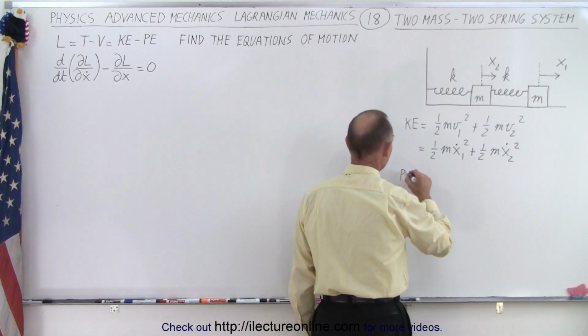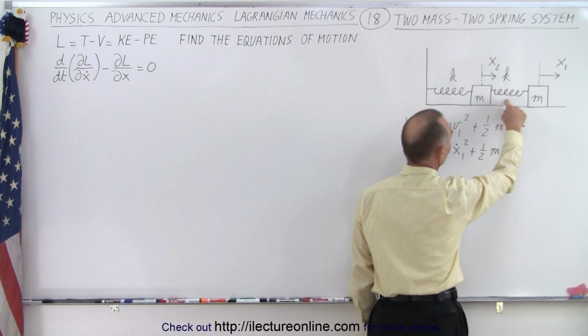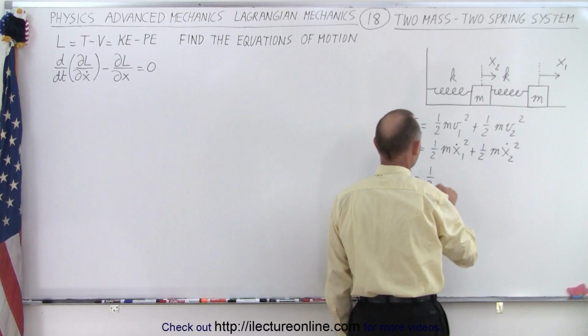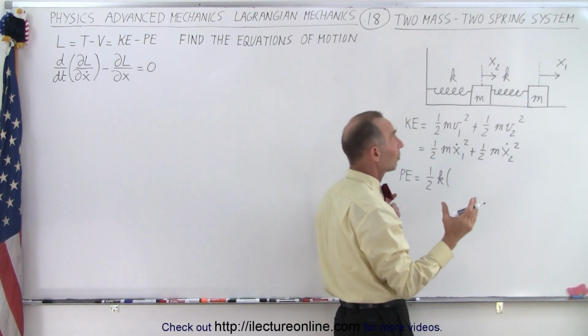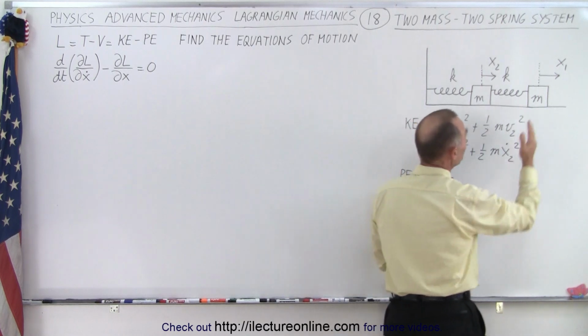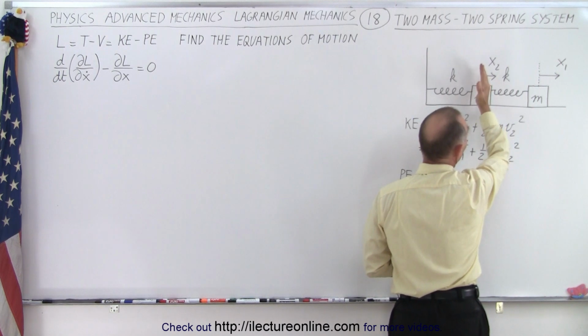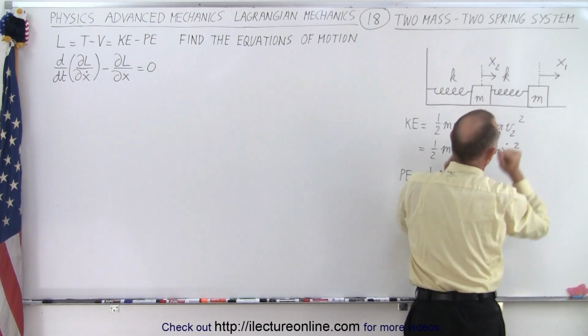But now for the potential energy. The potential energy is going to be equal to the potential energy of this spring right here, and that's going to be 1/2 k times the compressed or elongated distance. Now notice, when x1 moves to the right and x2 stays in its place, it's simply going to be x1 distance squared.